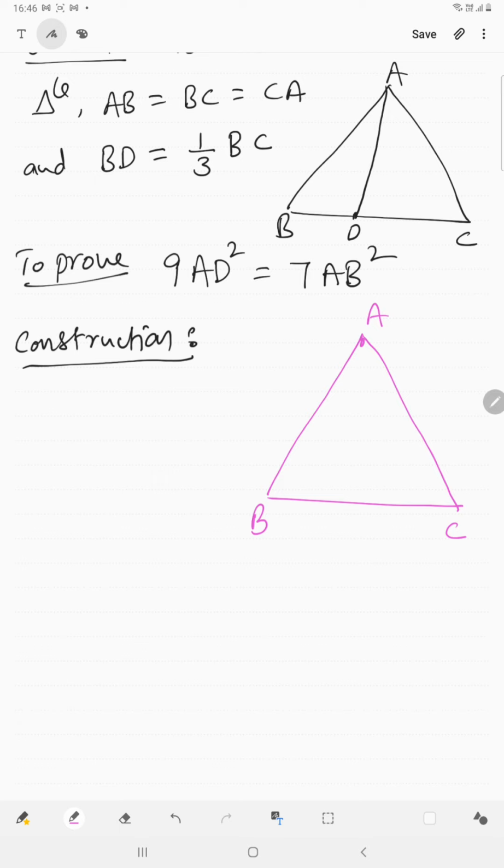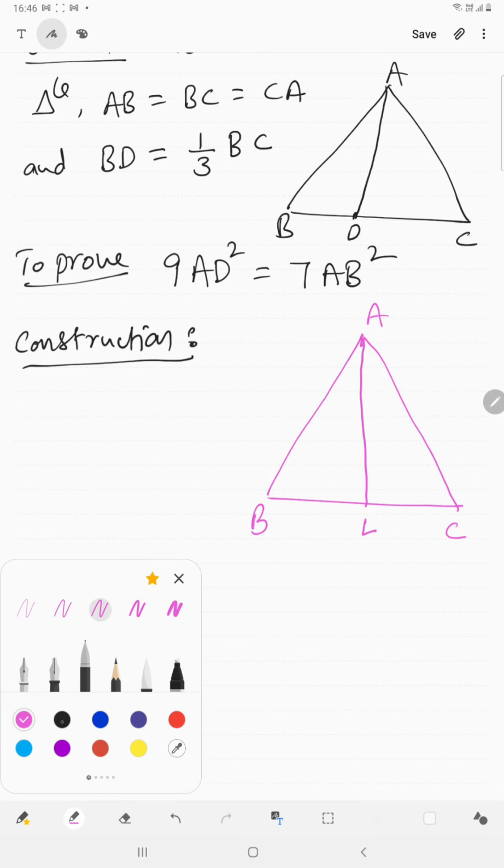Already D is there, therefore AL, and I will take this L on BC such that L divides BC into two equal parts. That is BL is equal to LC or BL is equal to half of BC. That only we will write. Construction में क्या करना है? हमें लिखना है. What we did, that only we will write.